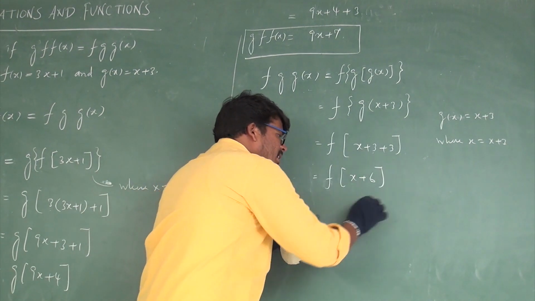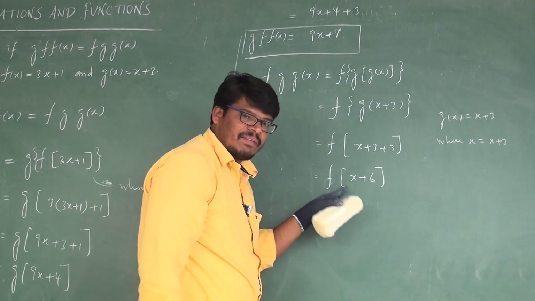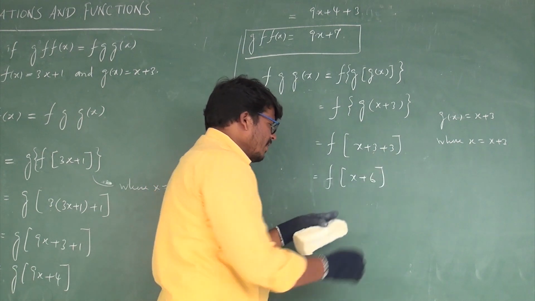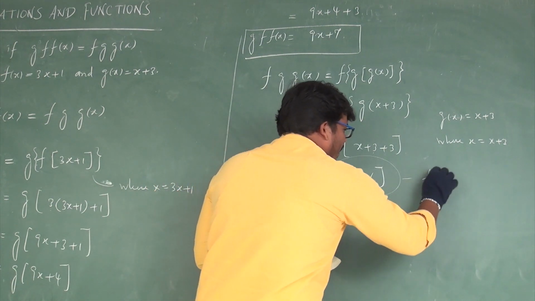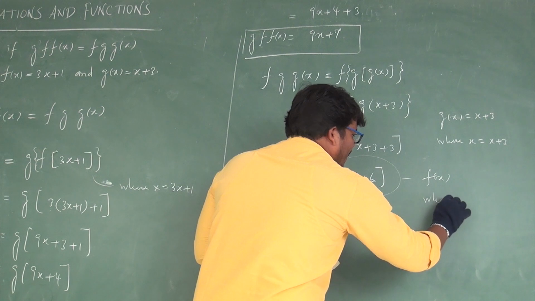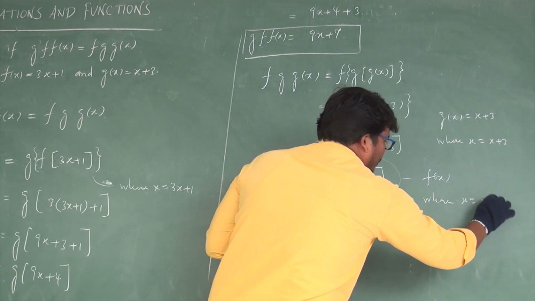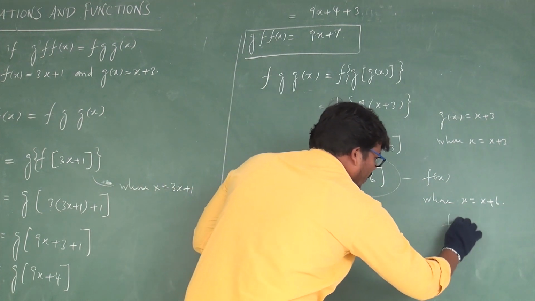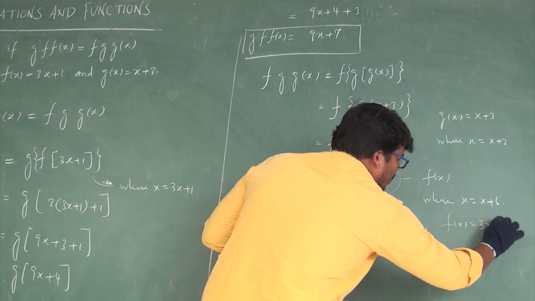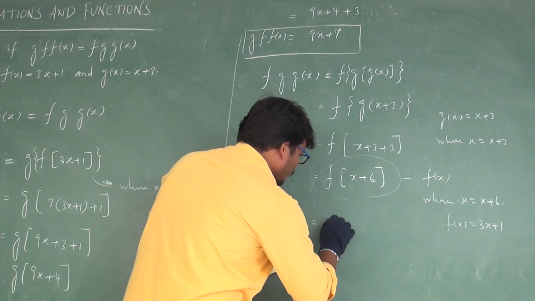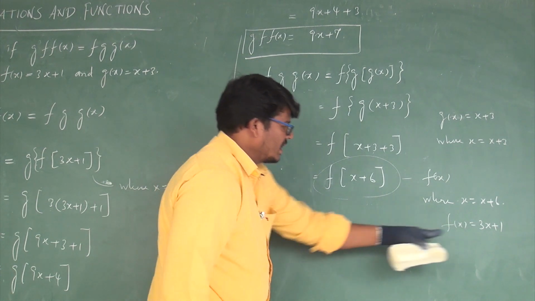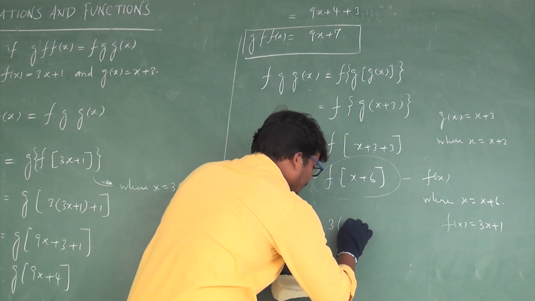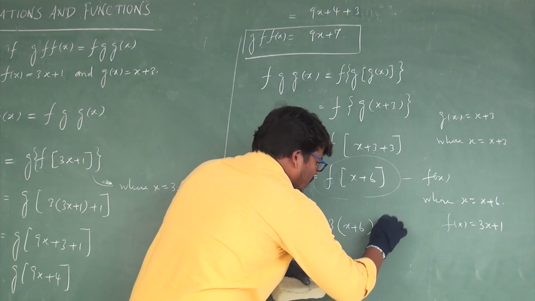Now the entire function is f of x, where x is x plus 6. Here f of x is 3x plus 1. Now substitute the value into x: x value is x plus 6, so 3 times (x plus 6) plus 1.